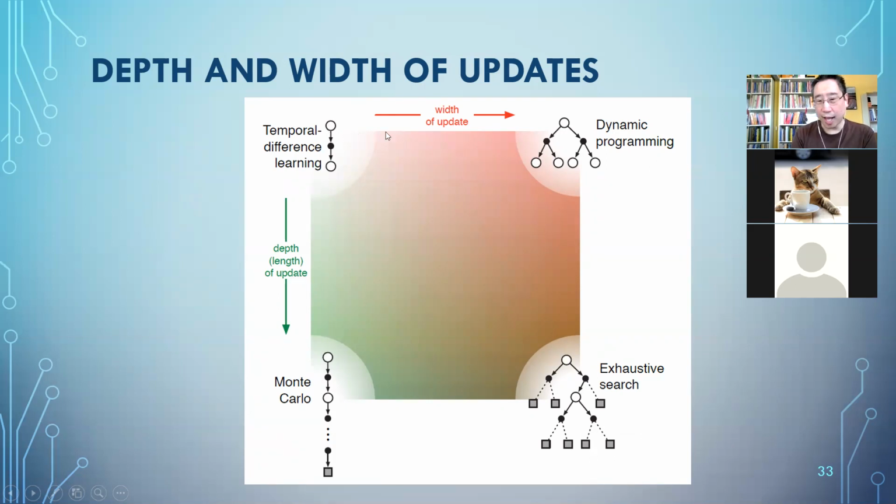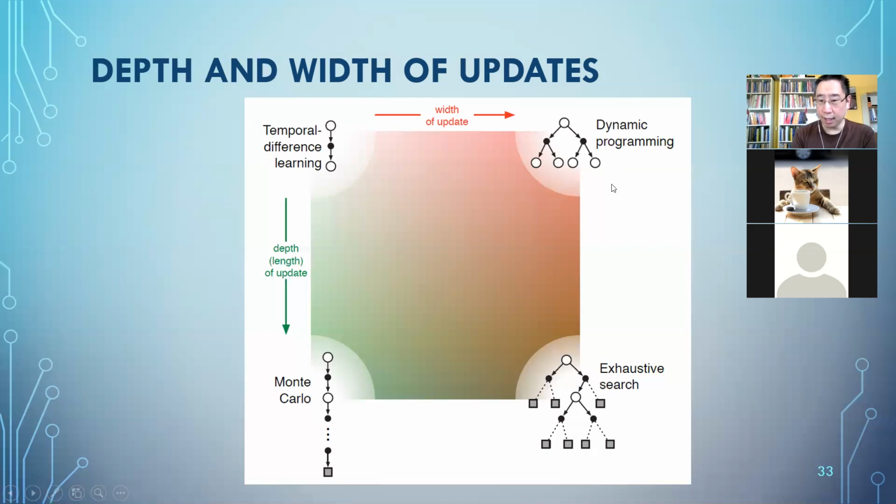So we can also look at the top of this square. We start with TD where it wasn't wide, it was just sampling one thing, and we went one step. If we go the opposite, if we go max width, then this is the dynamic programming algorithm, where we consider every single possible action and every single possible successor state from those actions from our starting point, but we're still only going one step ahead.